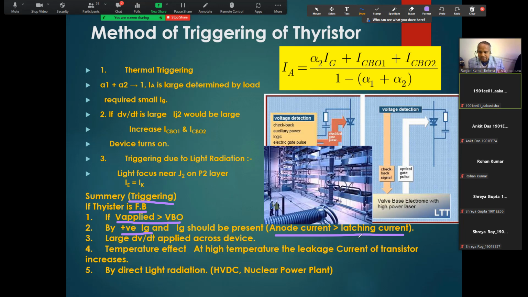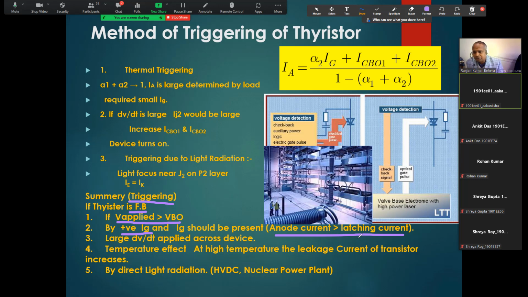That is one. And second, by applying a large voltage above the breakover voltage, the thyristor will also turn on. These are two methods. The third method is by applying a large dV by dt, as we have already discussed.